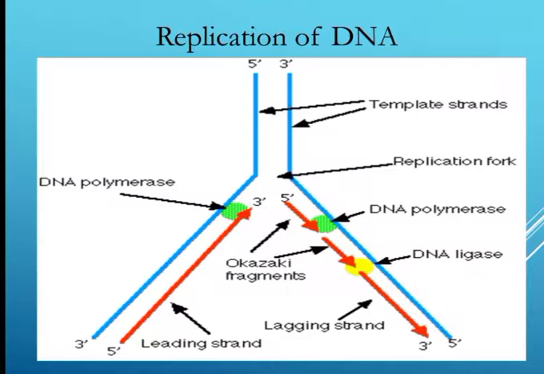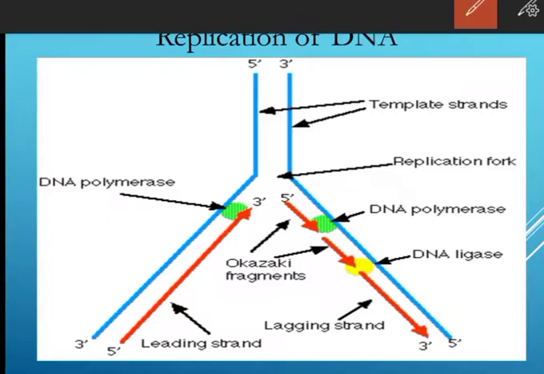Deoxyribonucleoside triphosphates, that is dNTPs, serve the dual purpose of acting as a substrate and providing energy. In a long DNA molecule, replication takes place within a small opening of the DNA helix, which is known as the replication fork, as it is shown in this figure.